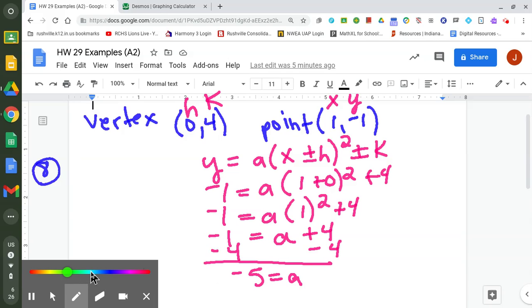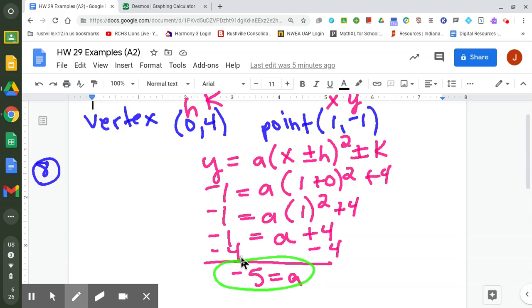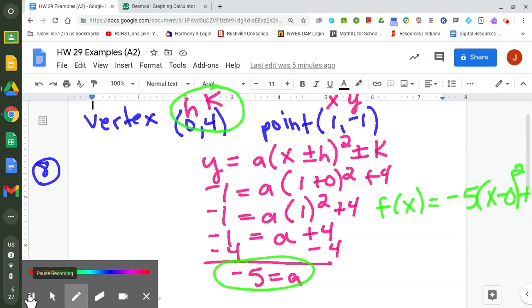So once I have this piece of information and this piece of information, I can write my equation. So f of x equals, okay, that was negative 5. And because that h is a 0, we'll go ahead and write it and then we can change it. So x minus or plus 0, it doesn't matter. And then plus 4.